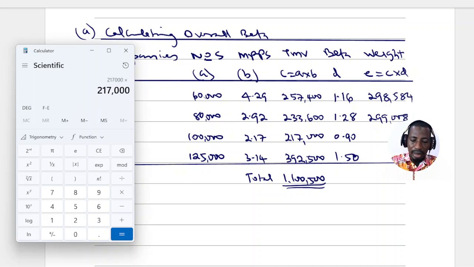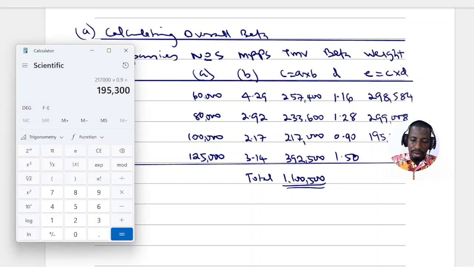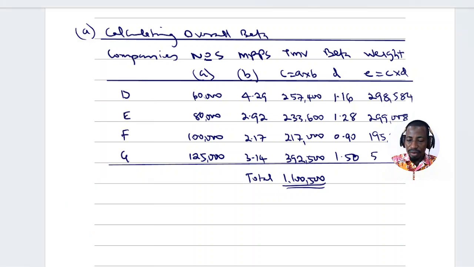217,000 multiplied by 0.9 equal 195,300. 392,500 multiplied by 1.5 equal 588,750.